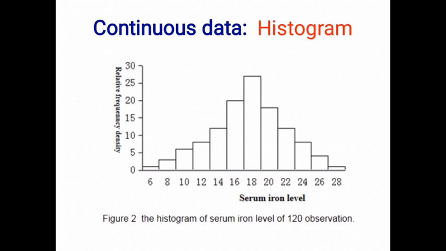For the bar chart, we take the relative frequency or frequency as the vertical axis, but for the histogram, we take the relative frequency density as the vertical axis. The area of each rectangle is the relative frequency of each interval, and there are no spaces between the rectangles. But for the bar chart, the bars are separated by spaces. So those are the differences between the bar chart and the histogram.